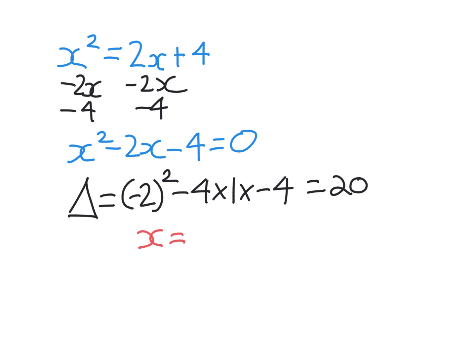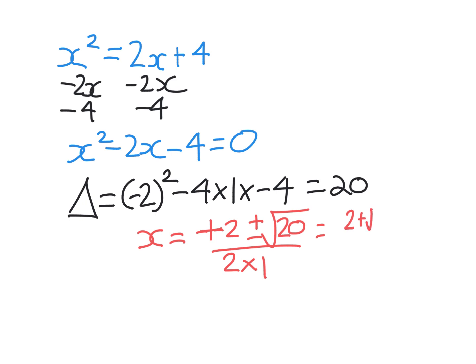x equals minus b, so minus 2 becomes positive 2, plus or minus the square root of the discriminant, over 2 times a. So it turns out it's going to be 2 plus root 20 over 2. That's one solution.